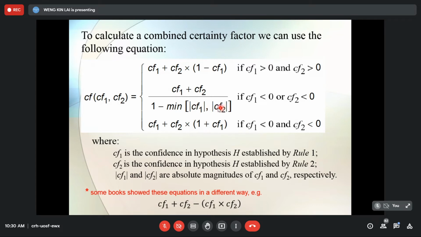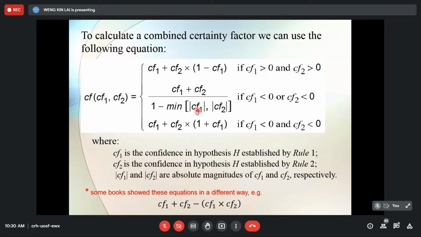So let's say minus 0.3 here, CF1, and CF2 is positive 0.2. So the value will be what? You take 0.3, right? So it's 1 minus 0.3. You don't do 1 plus, right? 1 plus 1 minus 0.3. Follow?